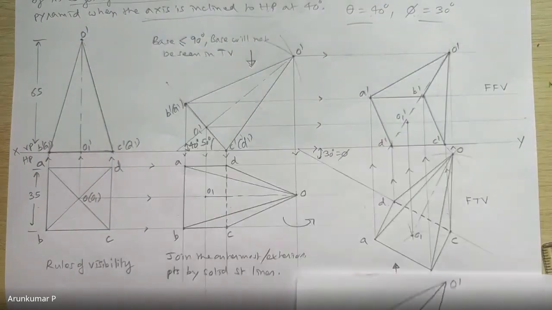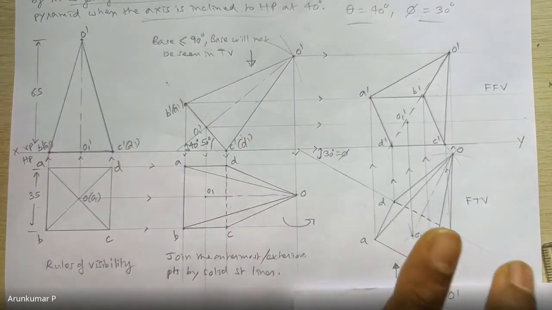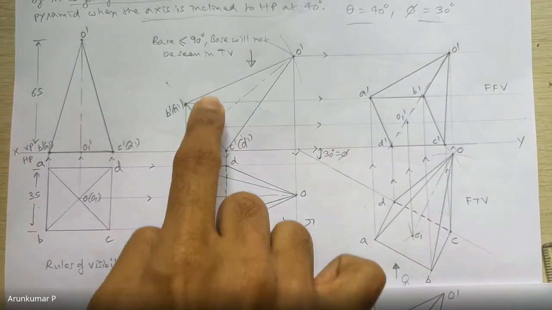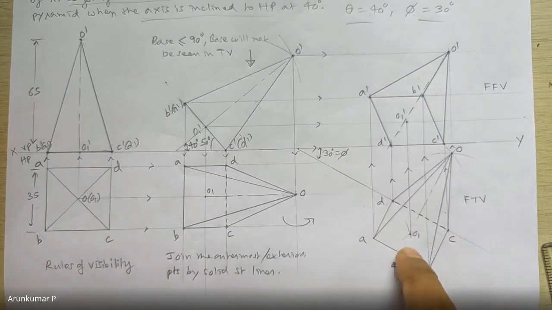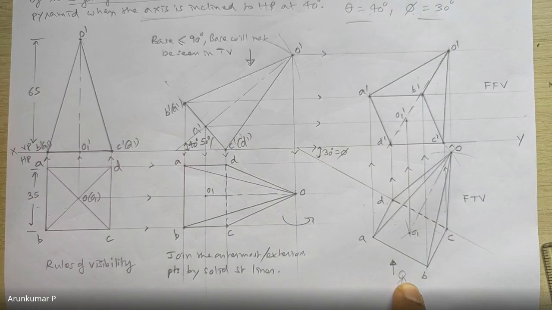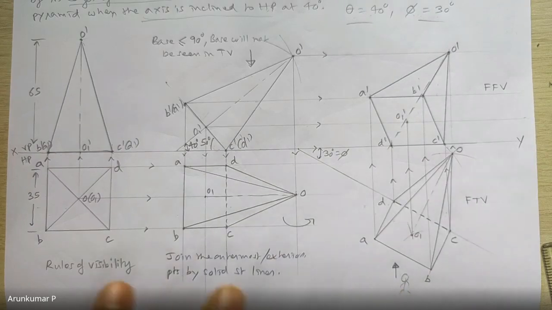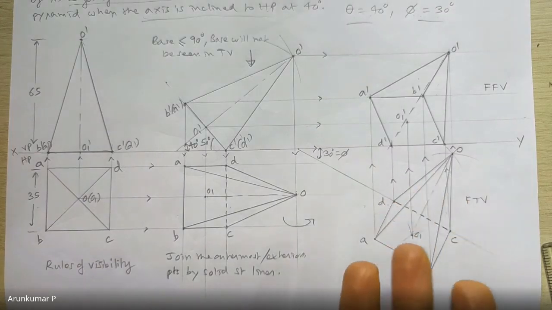Second. Third, do you see the base or not? In this case, you did not see because it is less than 90 degrees. In this case, you see. Why? Because base is nearer to the observer. So these are some of the rules of visibility or the thumb rules which you have to apply in order to get the front and top views in projections of solids.